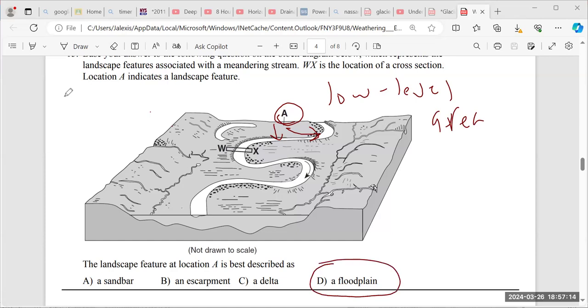All right, low-level area next to a meandering stream, that'll definitely be a floodplain. And these right here are all examples of floodplains. It's areas pretty adjacent from the river. It's a low-level area. So all these areas would represent a floodplain.